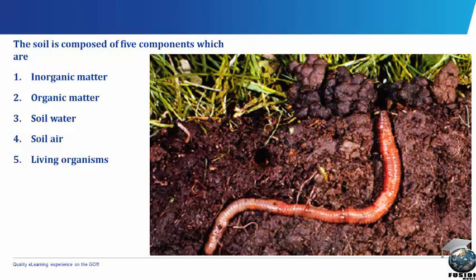It consists of gravel, stones, sand, silt, and clay. Mineral matter or inorganic matter is the main source of plant nutrients such as nitrogen, calcium, iron, magnesium, etc. Mineral or inorganic matter represents the home or habitat of all soil-living organisms.